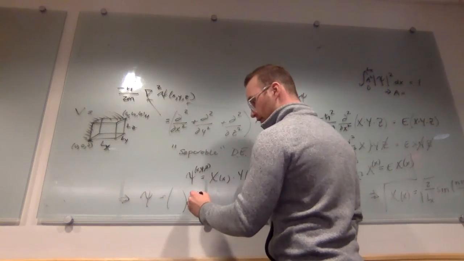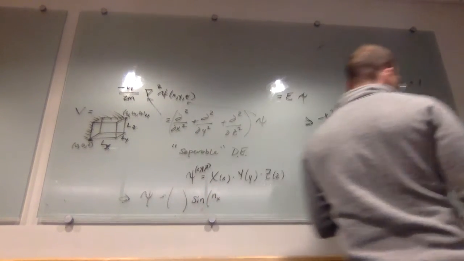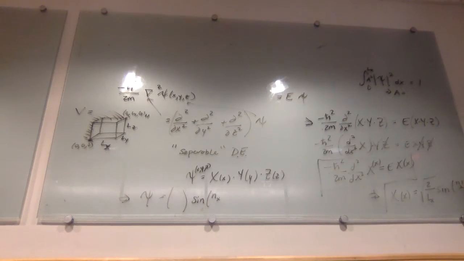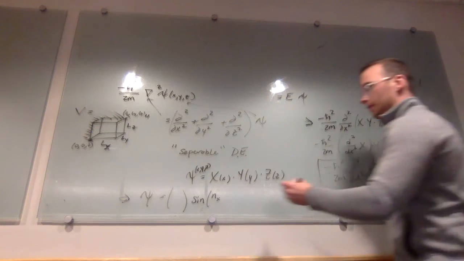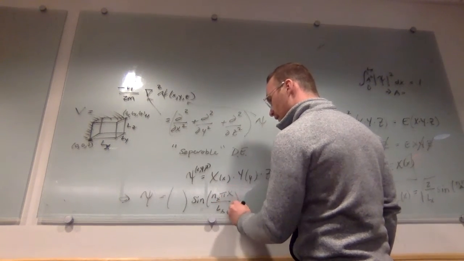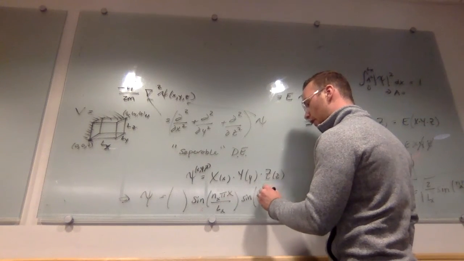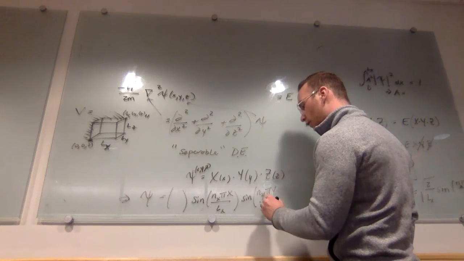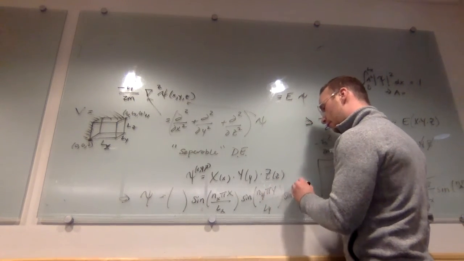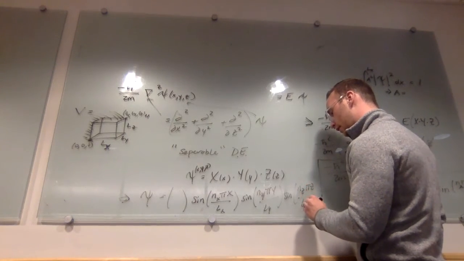something, and I'll figure it out in a second, times sine of n. Now I should really write this as nx, because there's going to be other n's. Each time I do it, if I do it with y, I get a different n, of course. nx pi x over Lx times sine of ny pi y over Ly times sine of nz pi z over Lz.